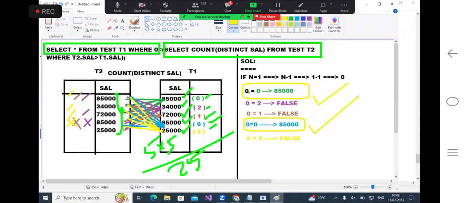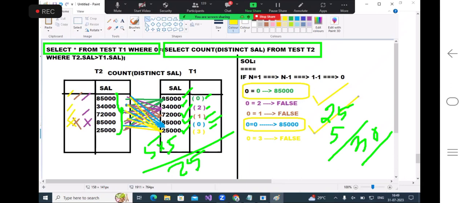The outer query value 0. So how many times again? Again 5 times. So 5 times, plus 25 times for returning the inner query values, so 25 plus 5, total how many comparisons? 30 comparisons happened. Okay?